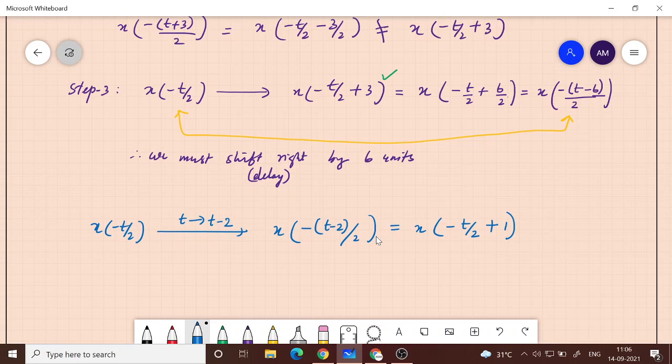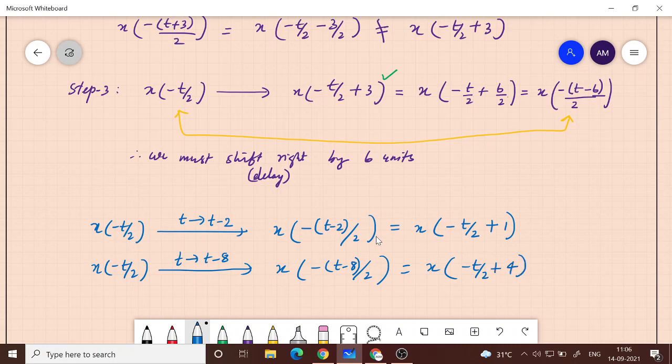Then what you said? 8 units. So t will go to t minus 8. So that is minus (t minus 8) by 2, which is basically x of minus t by 2 plus 4.